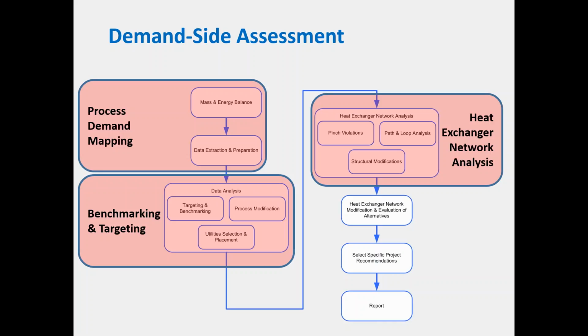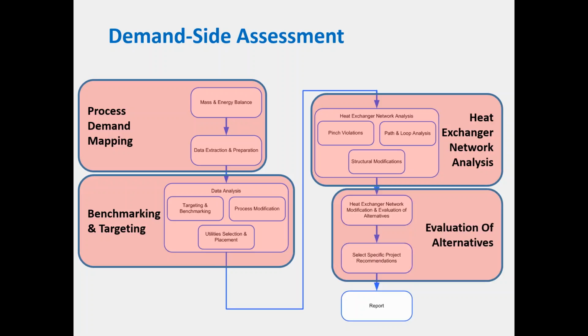And remember, we're not necessarily reducing the process demand, we're only looking at recovering more heat in order to reduce our utility demand. And then finally, we will then evaluate a number of different alternatives.